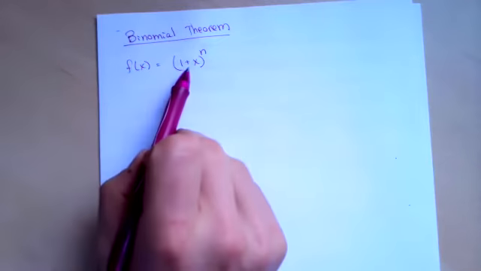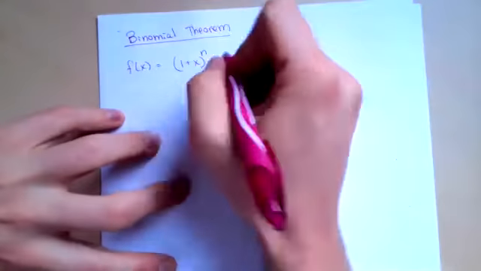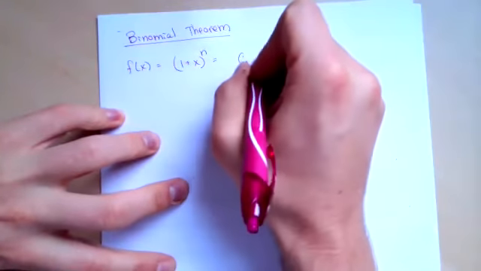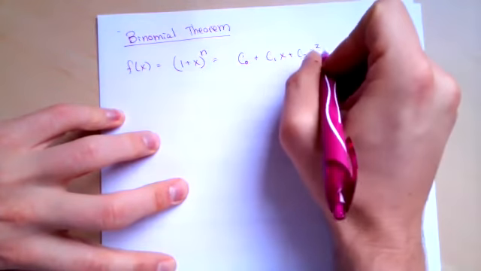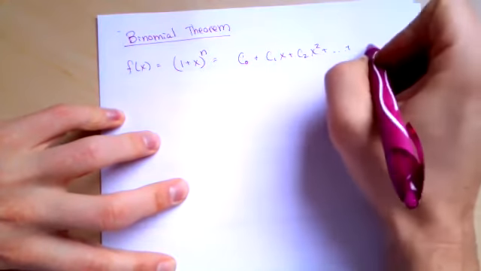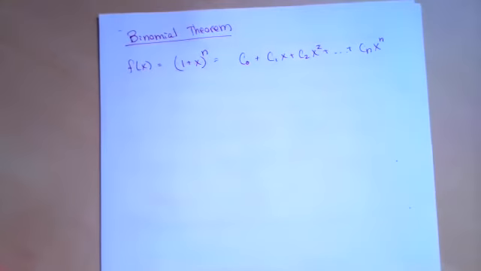And if we want a power series representation of this, again, it's a polynomial, so the power series representation is just the polynomial. The problem is that it's not expanded. So this is going to be equal to some C0 plus C1x plus C2x squared, and it's going to go all the way up to degree n. And we want to be able to find these constants.